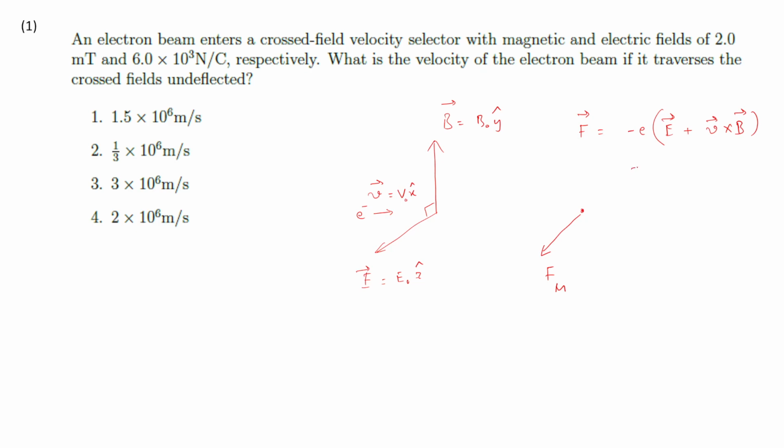So F magnetic is equal to minus e v cross B. So it is just minus e v naught B naught. This v is along x cap and B is along y cap, and x cross y is z cap.